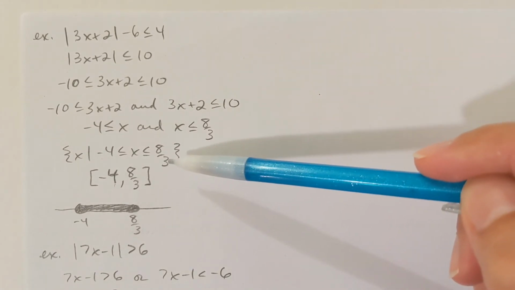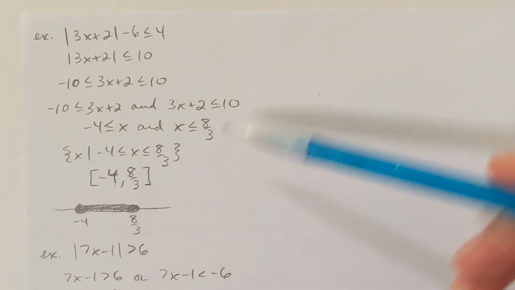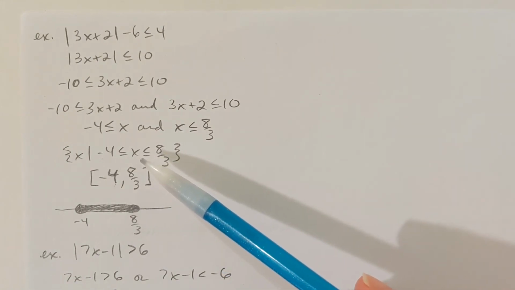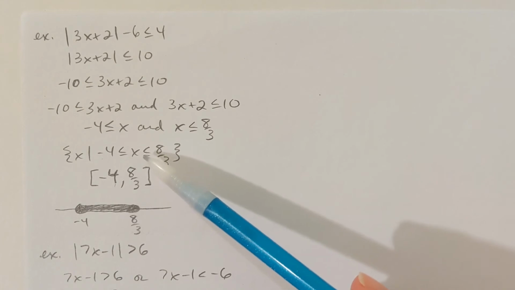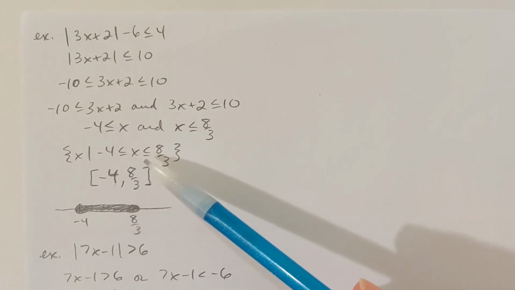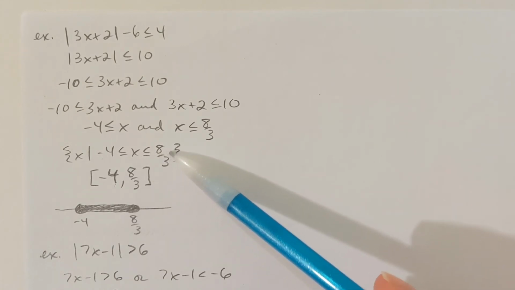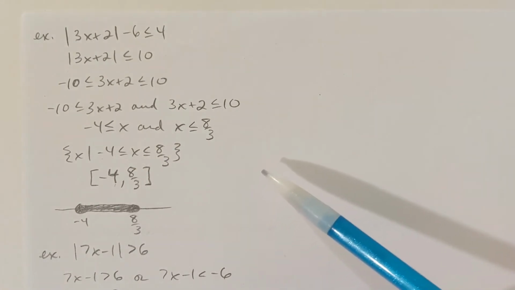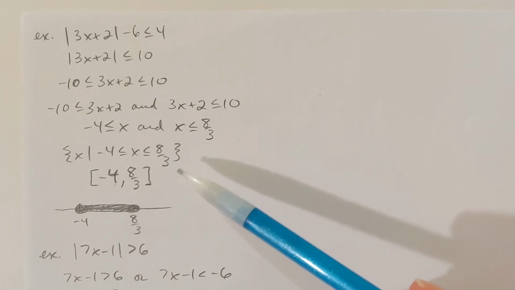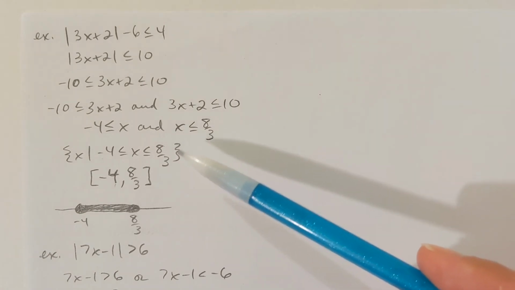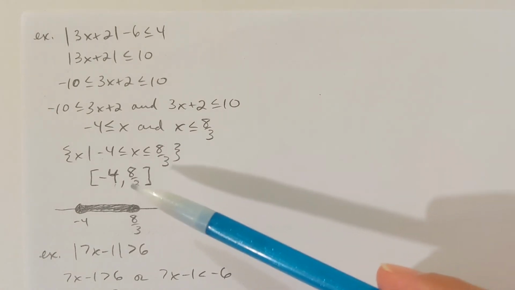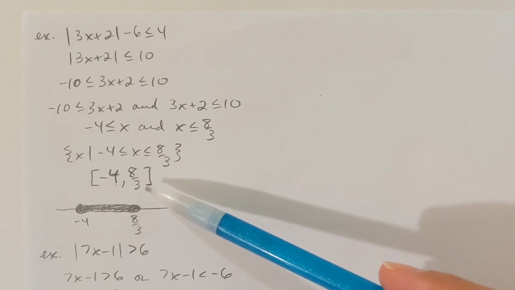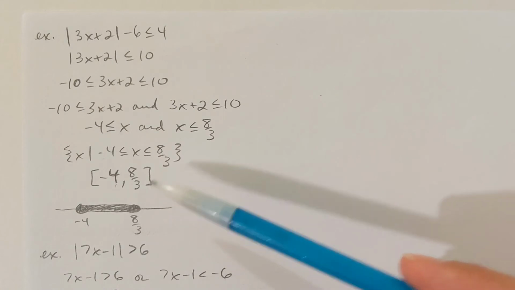So as my answer, I got the set of all x such that x is greater than or equal to negative 4 and less than or equal to 8/3. There's that statement written again as a single inequality. Or I can use interval notation: negative 4 to 8/3 is the interval.